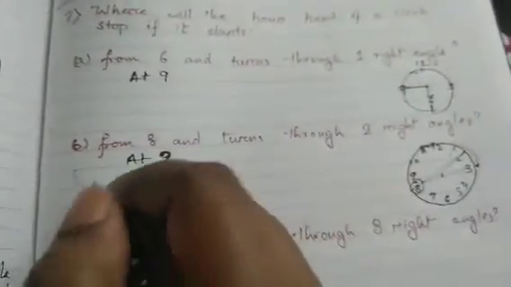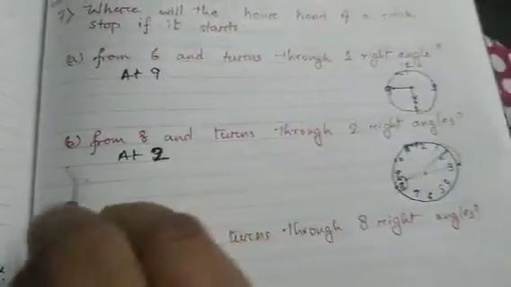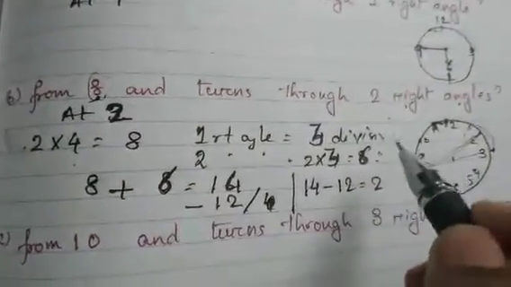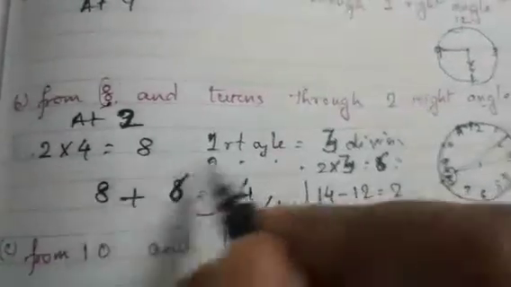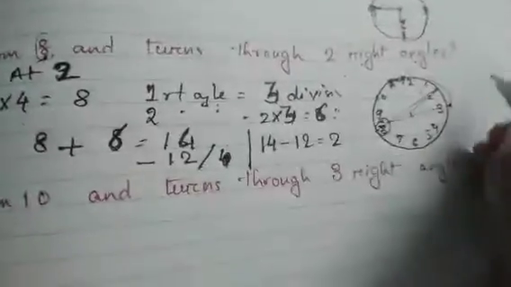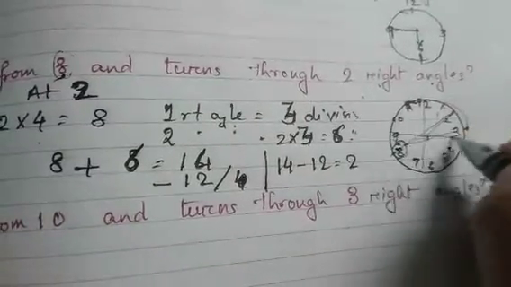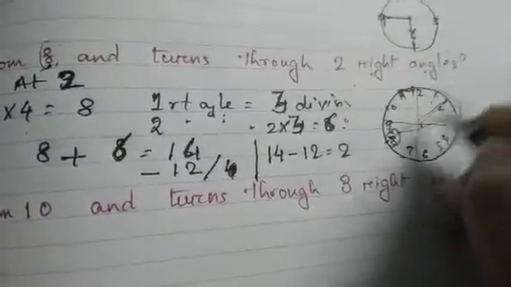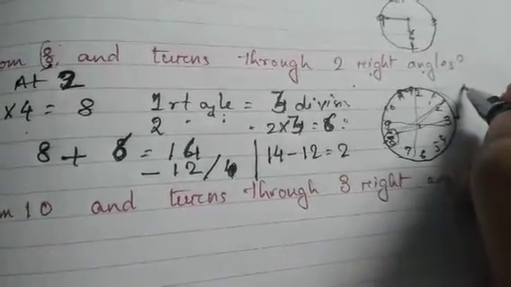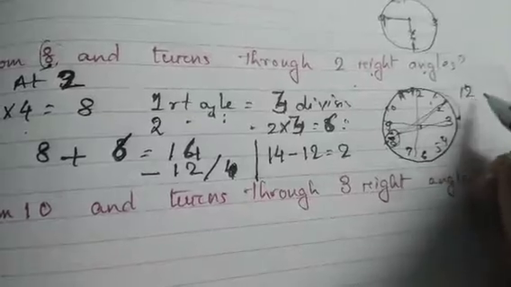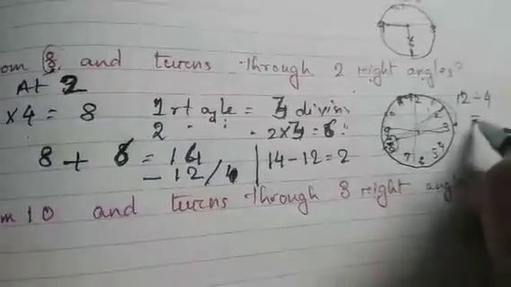So, if I have to calculate it, I will do the same by calculation. Whenever we do calculations, 1 right angle is 3 divisions. How? Right angle means the clock is divided into 4 right angles. So, 4 right angles and it is totally 12. 12 divided by 4 is 3.